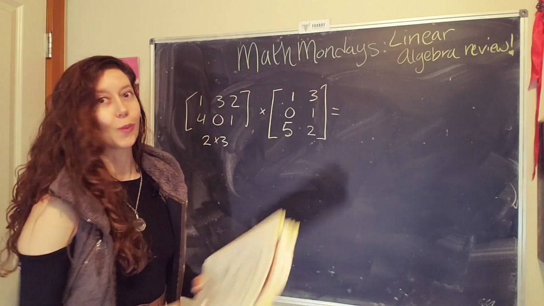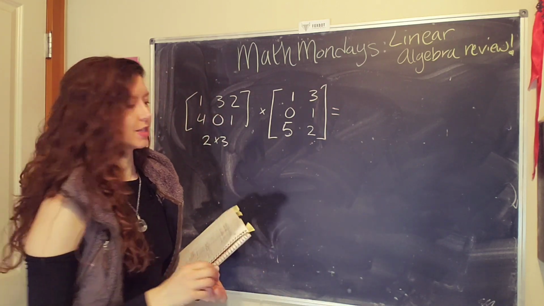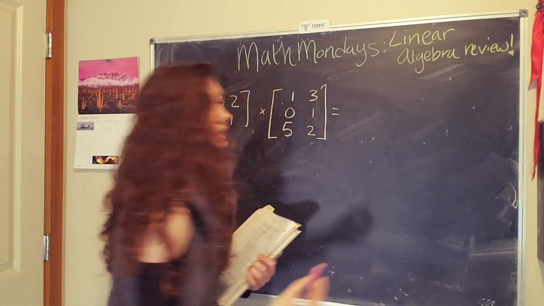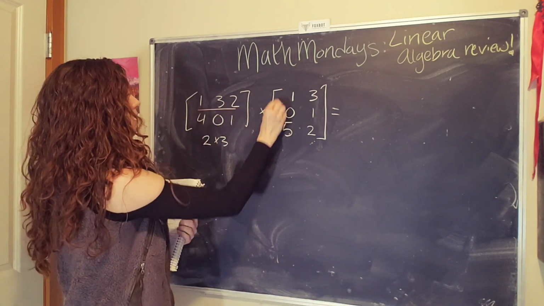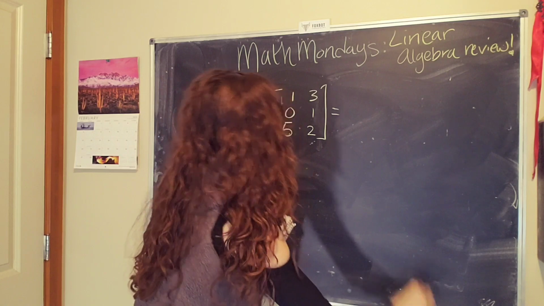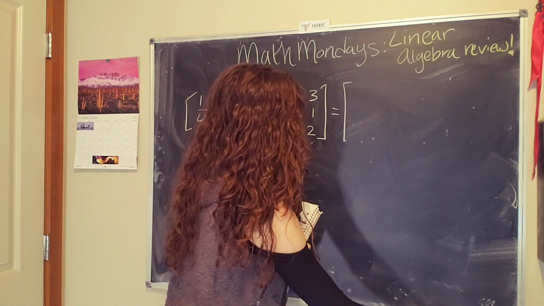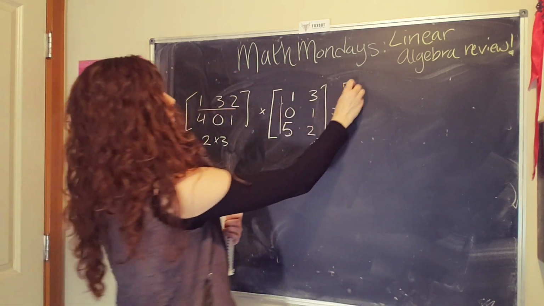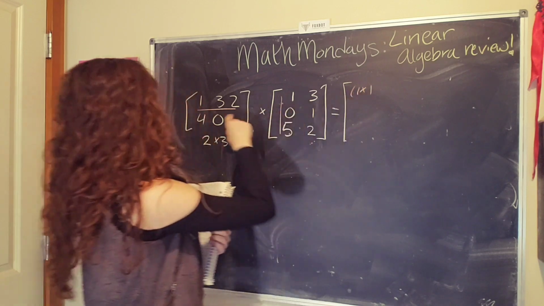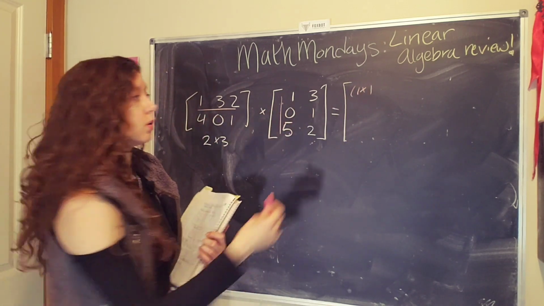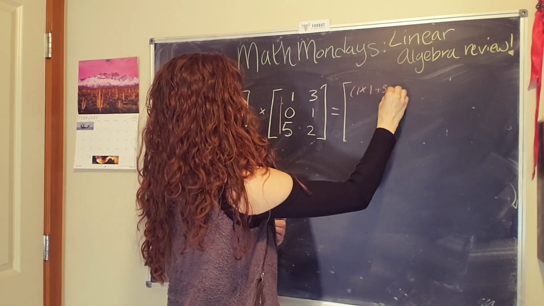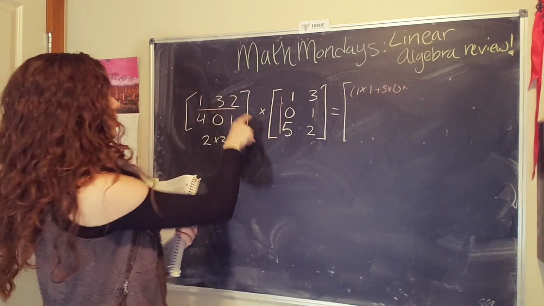Okay, so we're going to use some colors to help us do this. So again, we go rows by columns. So this first set is going to be 1 times 1 plus 3 times 0 plus 2 times 5.